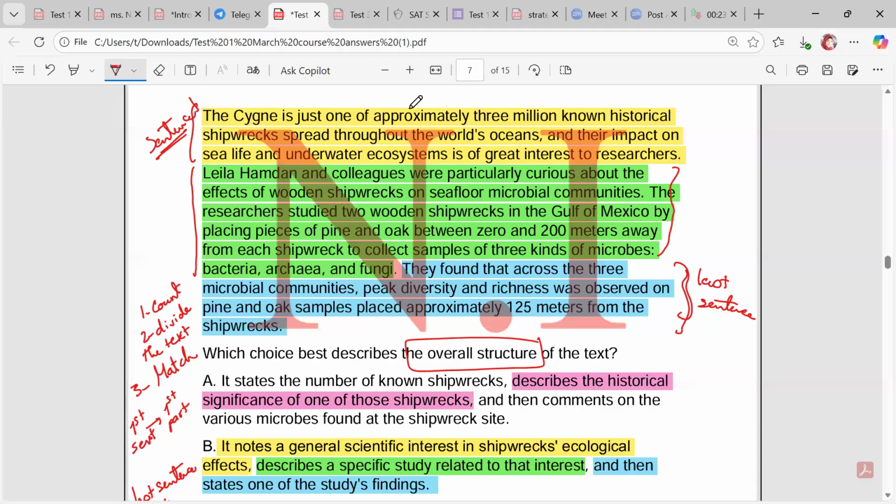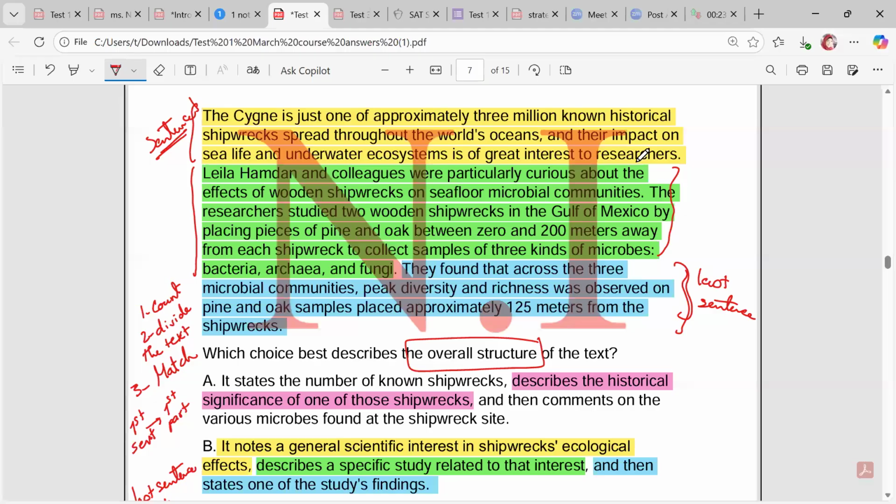is just one of approximately 3 million known historical shipwrecks. Okay, one of the shipwrecks spread throughout the world's oceans. And their impact on sea life and underwater ecosystems is of great interest to researchers.